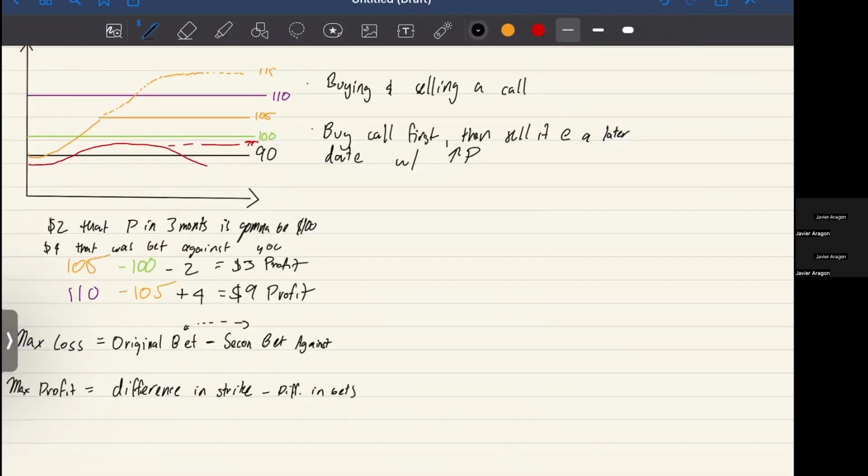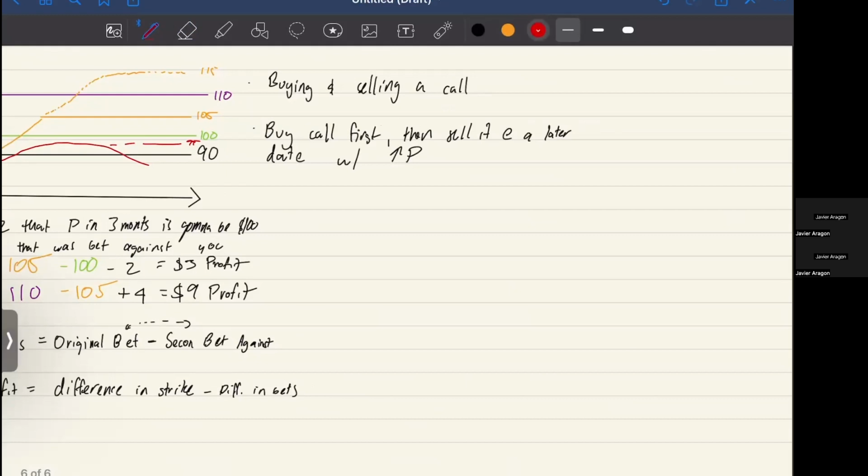So usually you just have a $2 loss if you let the option expire. But you're thinking to yourself, oh my God, I lost. And by the way, in the context of 10,000 stocks, oh my God, I lost $20,000 on this bet I made. So how can I minimize my loss?